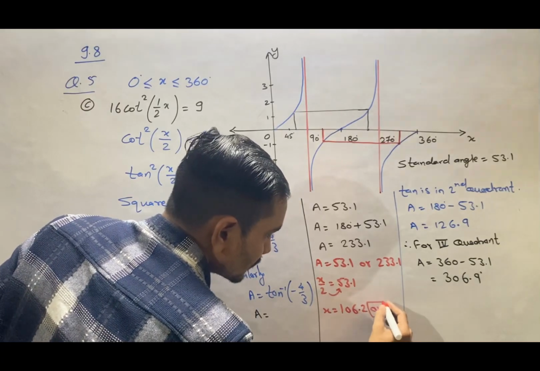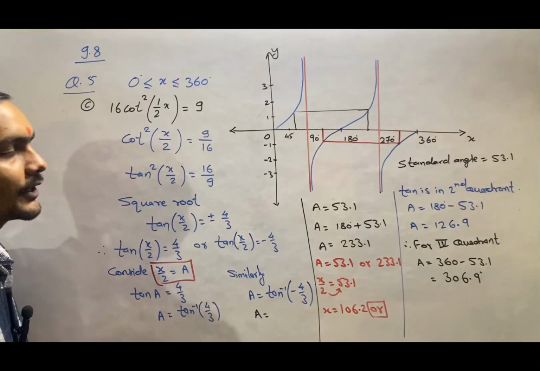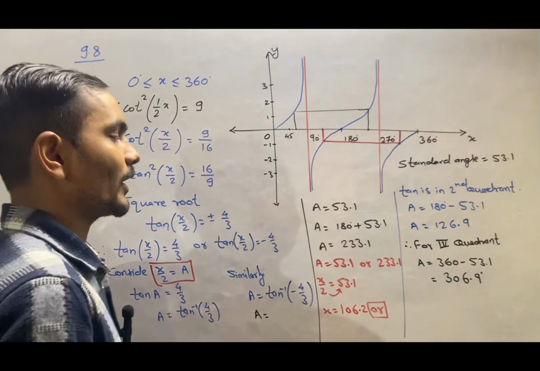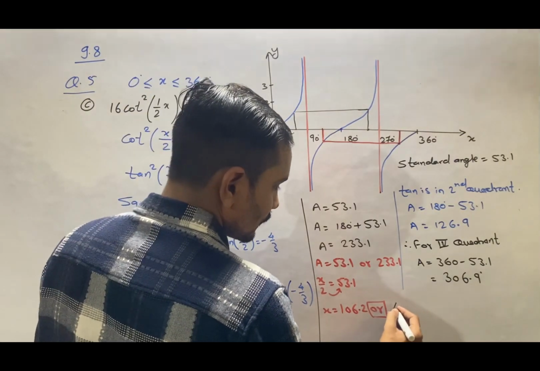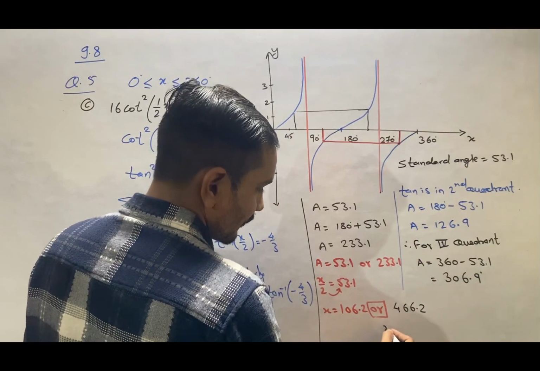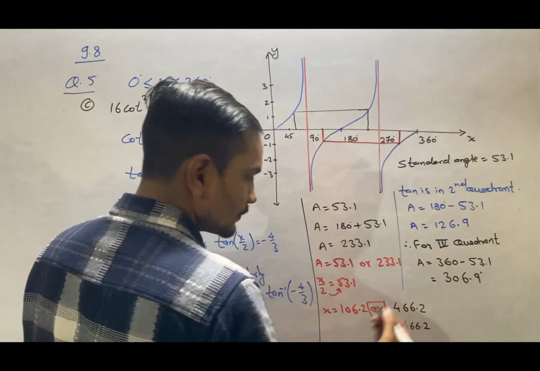Or multiplying 233.1 by 2 gives 466.2. This is out of range, so x does not equal 466.2.